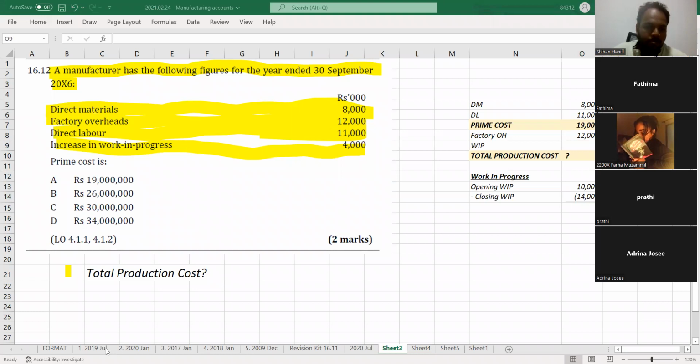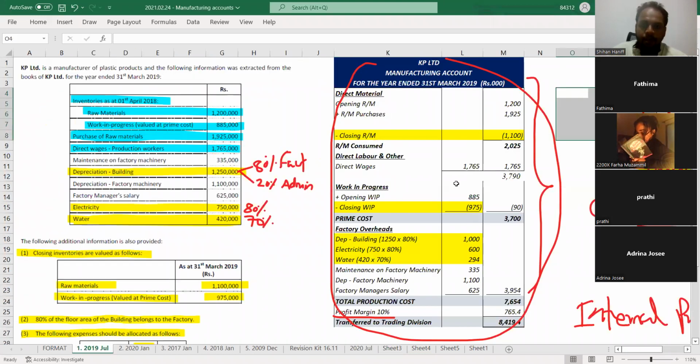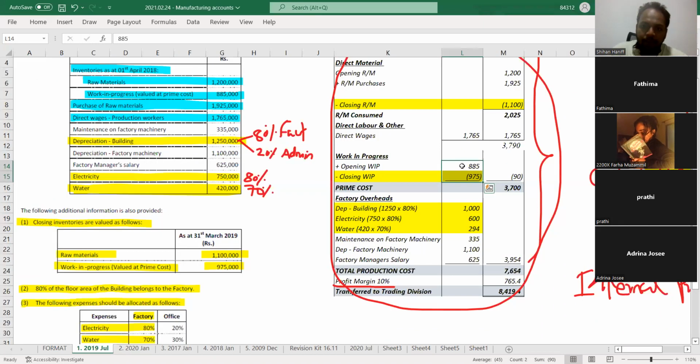See the previous question. Let's go to this. Work in progress, what happened? Yeah, this question. Now in this question, we did 885, 975. If the work in progress increased, then what happened to the total cost? Decreased.